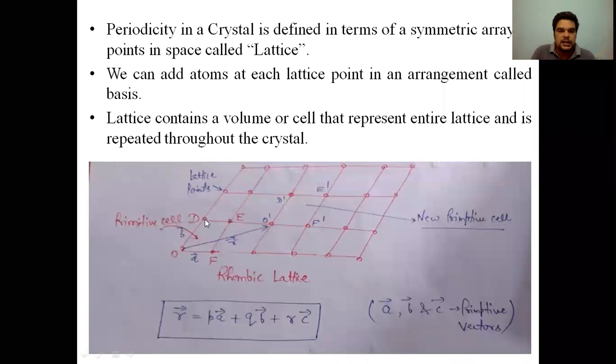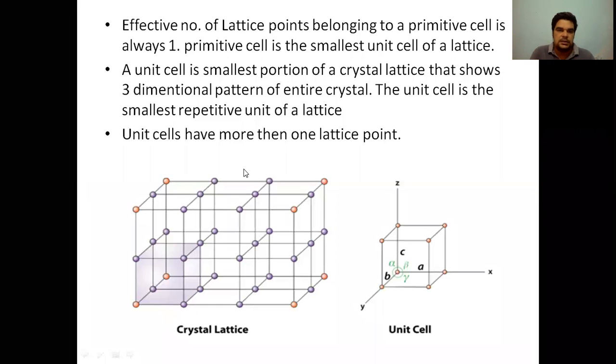That you should remember: the number of lattice points belonging to a primitive cell is always 1. So primitive cell is the smallest unit cell of the lattice.